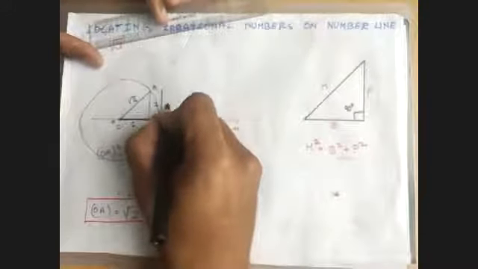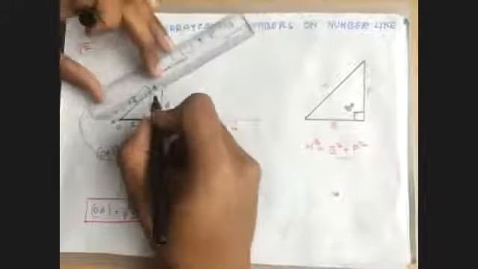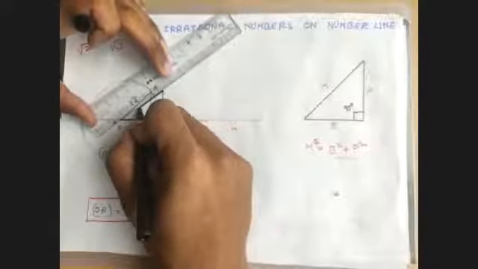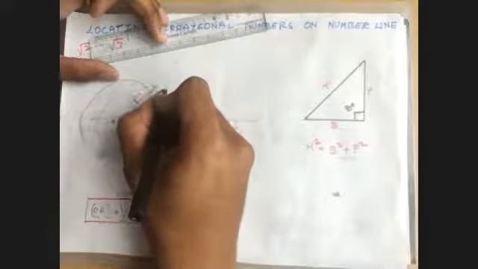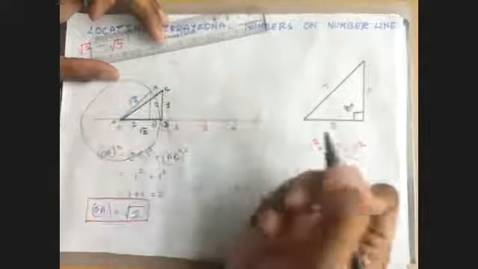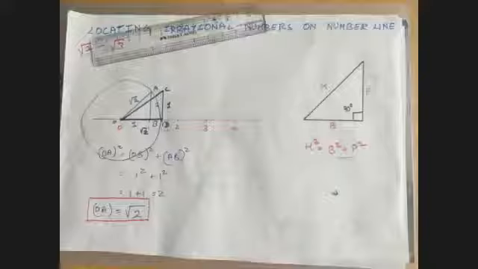The value of this perpendicular should be equal to 1 and I connect these 2 points. I'll call this C and D. It is the same thing again. So here again, let us write this.